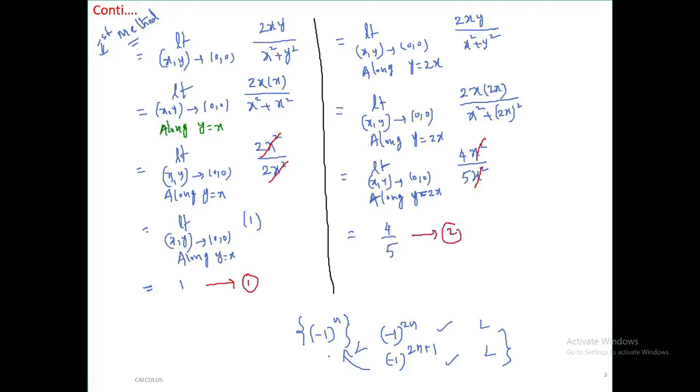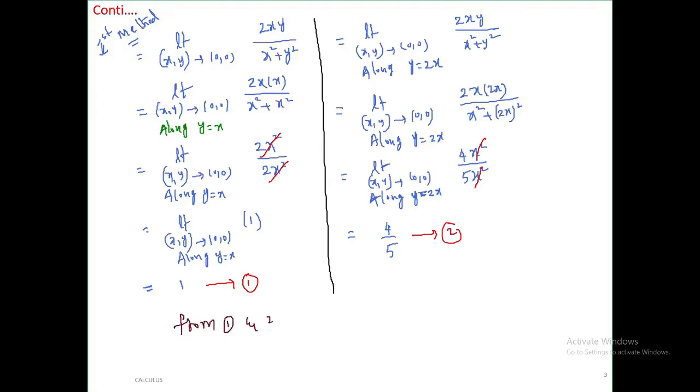So therefore the conclusion, from 1 and 2, along two different paths we have two different limits.